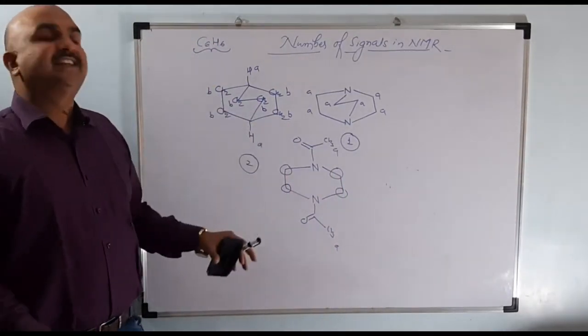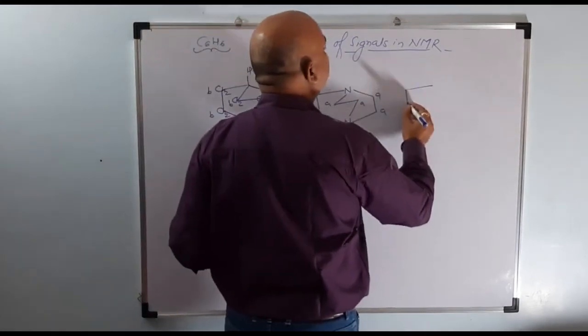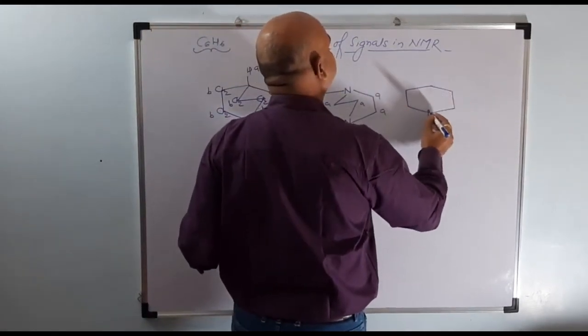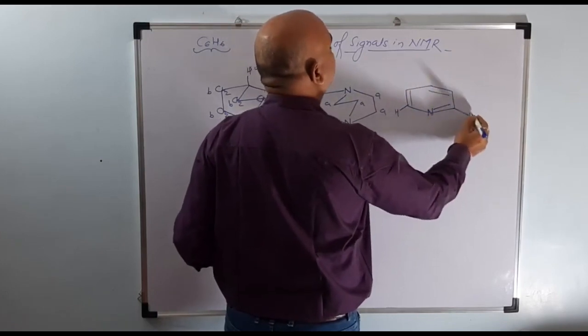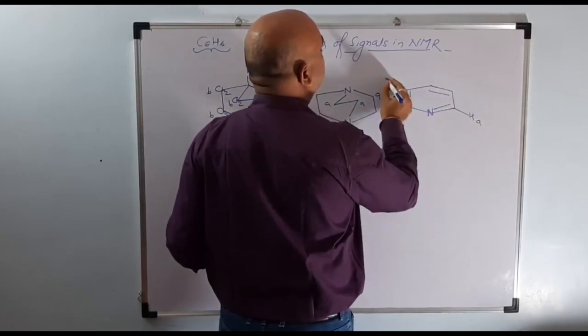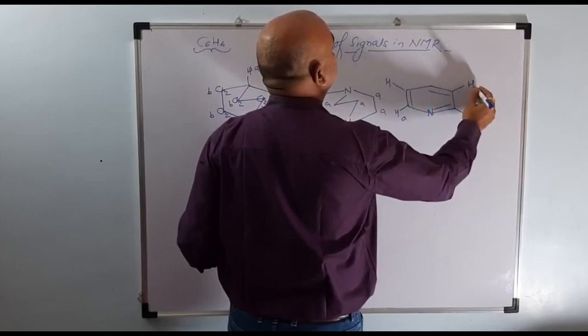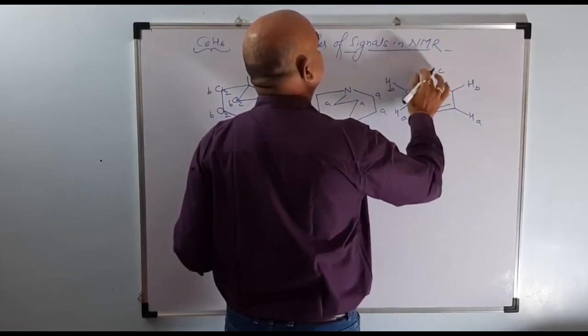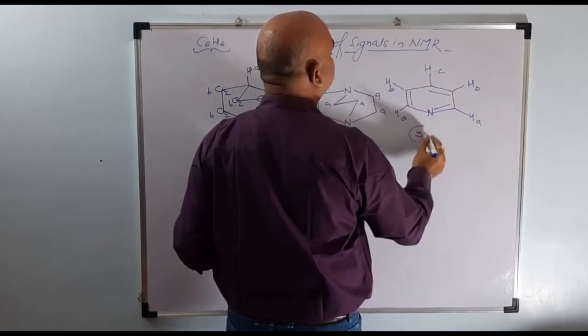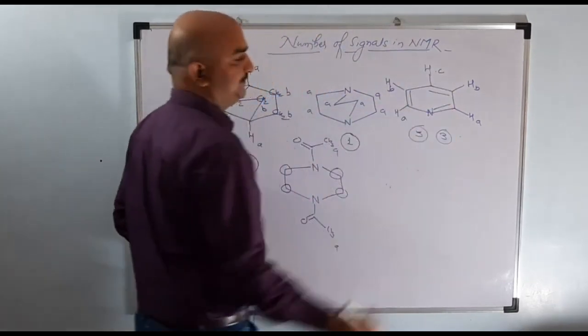These are very interesting things. Consider instead of benzene, if I take pyridine, so definitely the thing will change. Ortho protons will comprise the A set, meta protons will comprise the B set, and the para proton comprises the C set. So there will be 3 signals, 3 sets of the proton.